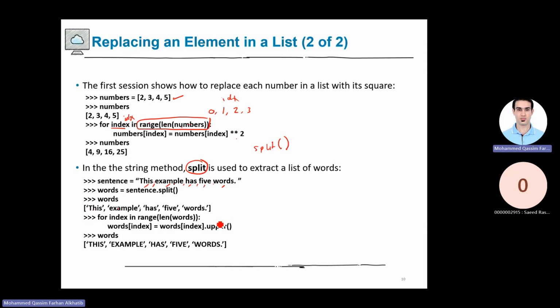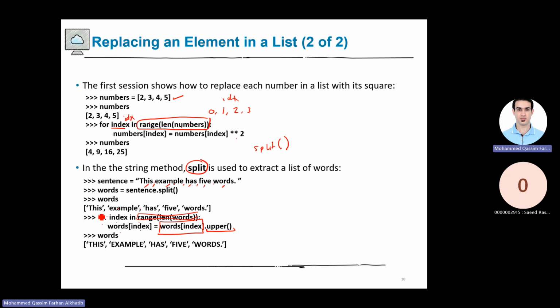So this one is a different application here, where I want to find the uppercase of the words in a list. For index in range length words, again, I'm traversing over the indices. So words index. I'm going to access each element by its index, words index, and then apply the command to convert the word into uppercase. Because basically words index will return a string. And here is your words.